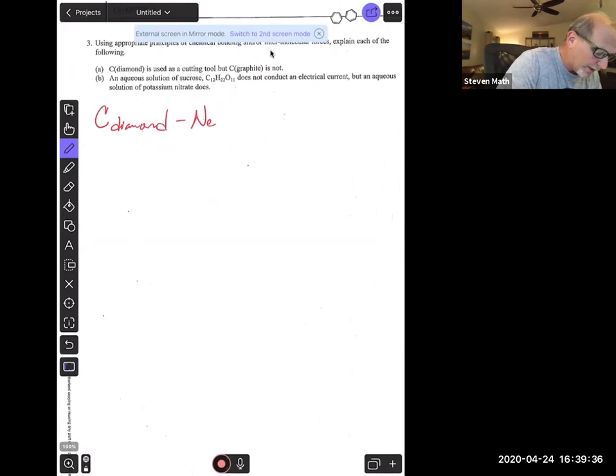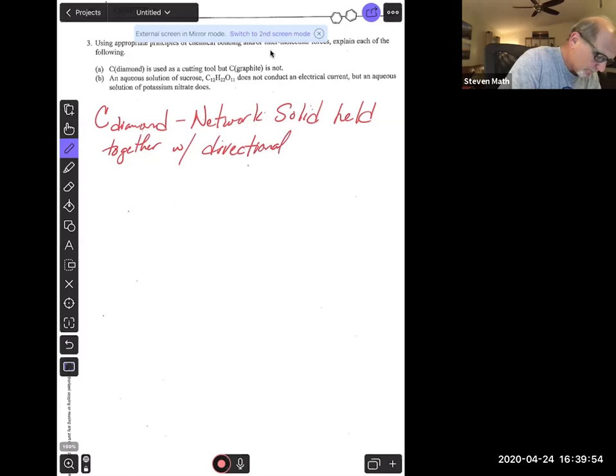It is what's called a network solid, and network solids are held together with what we call directional covalent bonds. That's going to make this a very strong three-dimensional model.